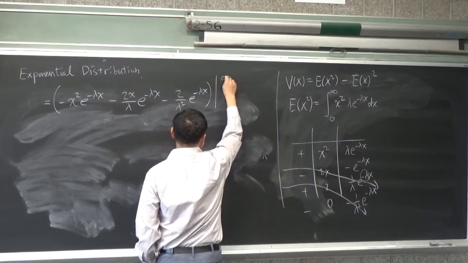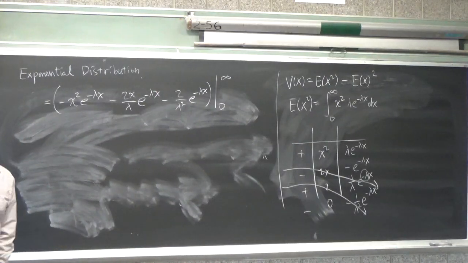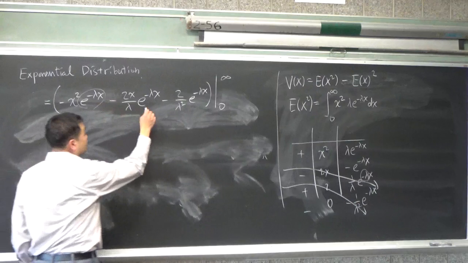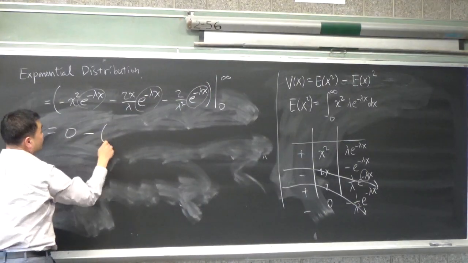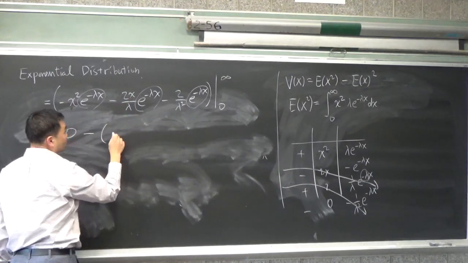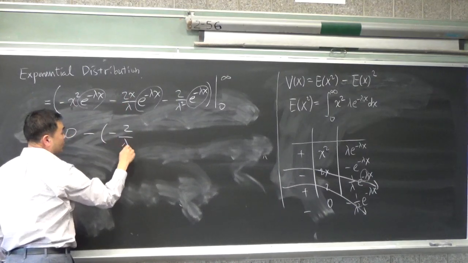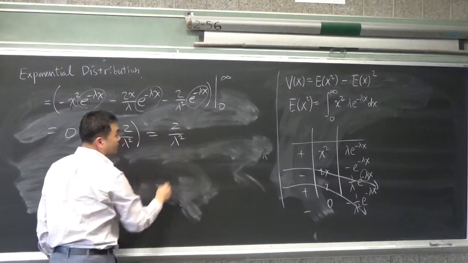You plug in infinity and 0. Anytime you plug in infinity to these things, they're 0. And then when you plug in 0, the ones with x's will be 0. So you have negative of negative 2 over lambda squared as the result, which is 2 over lambda squared, right?